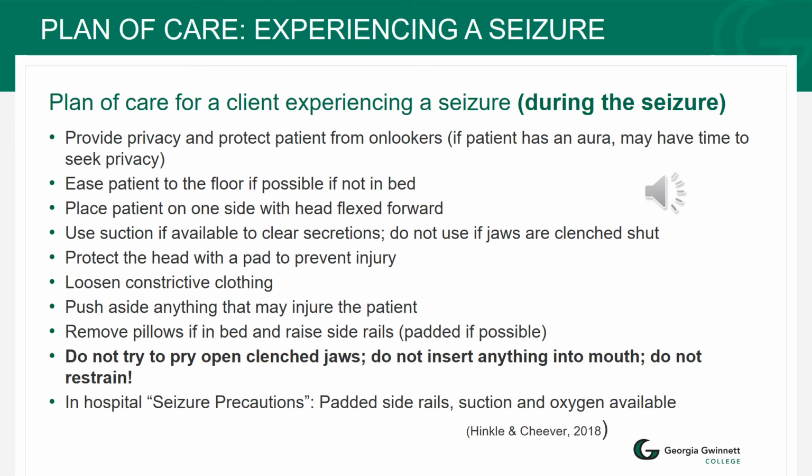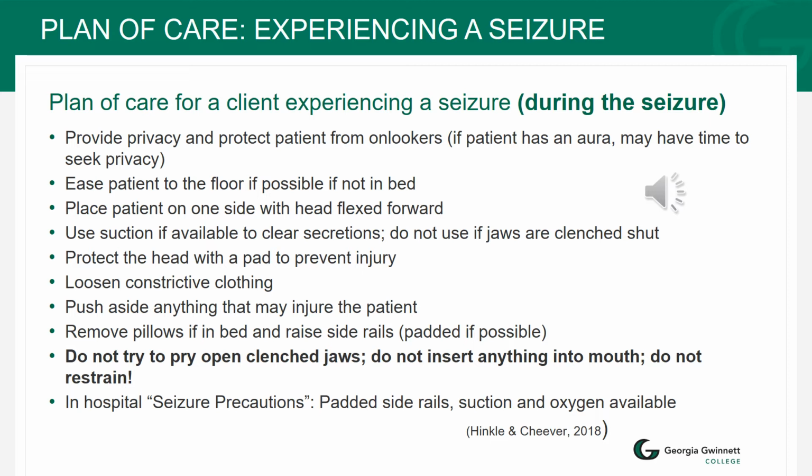Place the patient on the side with the head flexed forward. This is very important because when you flex their head forward, it helps move the tongue forward. One of the major complications of a seizure is that the tongue can fall back in their mouth and occlude their airway.